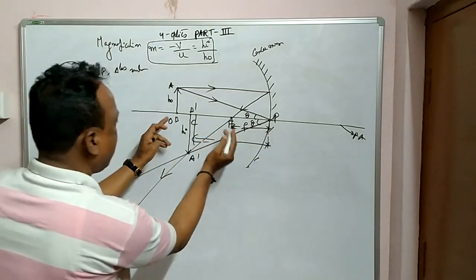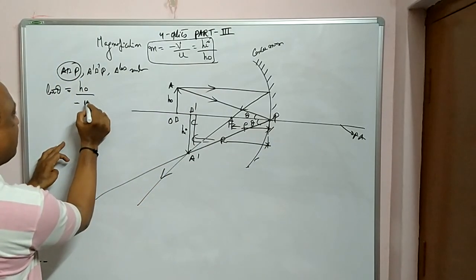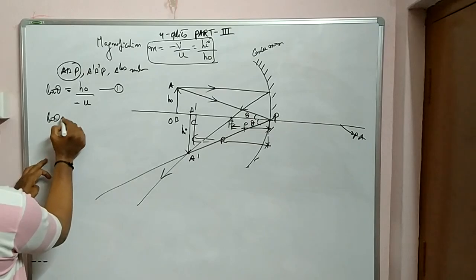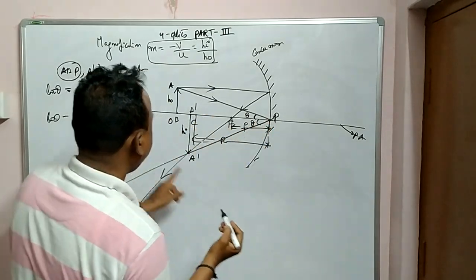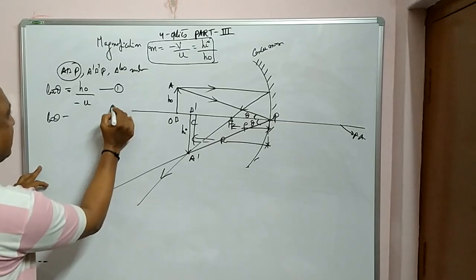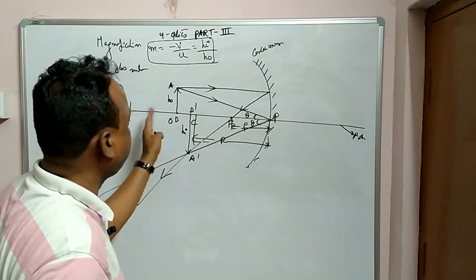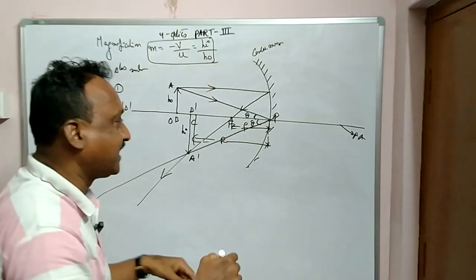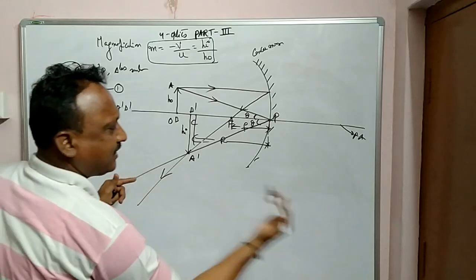By adjacent means what? Object distance taken from the pole. So that is nothing but minus u. Equation 1. Again calculate tan theta because both are having the same angles. Tan theta in the triangle P A dash B dash. In the triangle P A dash B dash, what is tan theta? Again opposite, here it is below the principal axis, that is negative value. That is minus h i by adjacent.